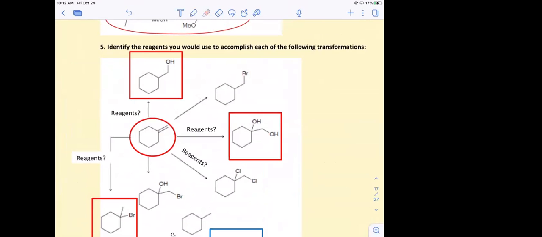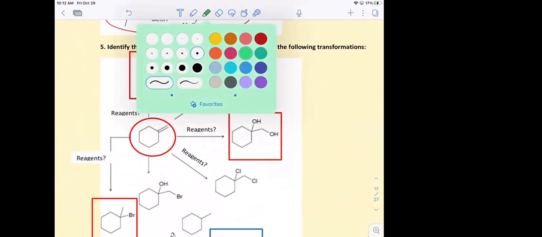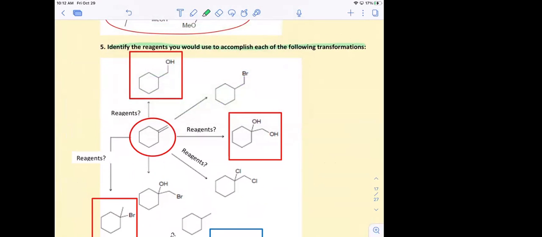So it says identify reagents that you would use to accomplish each of the following transformations. So now this is kind of like, okay, I have the product, but what did I use to get to the product? So I have highlighted, outlined in red, the three products that we care about.